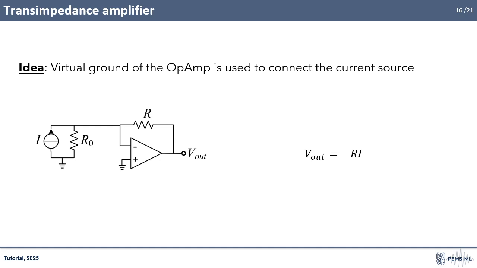A feedback resistor R connects the output back to the inverting input, forcing the op-amp to maintain a virtual ground at that node. As a result, the entire input current flows through R, generating a voltage drop that the amplifier presents at the output as Vout. This configuration is crucial whenever precise current-to-voltage conversion is required, for example in optical receivers, charge sensors, and low-current measurement systems.